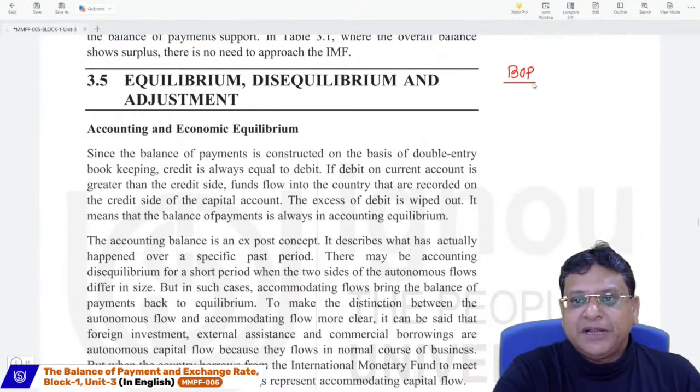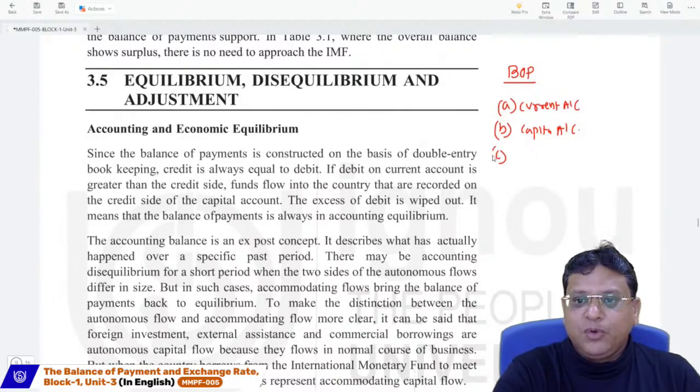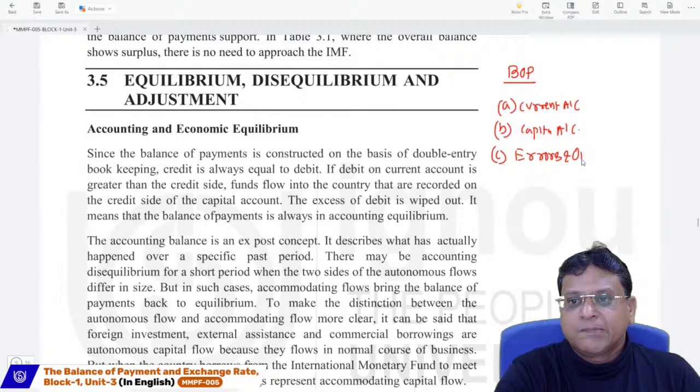There are two types of items. One is current account. Second one is capital account. Third one is error and omission. And next one is official reserve.